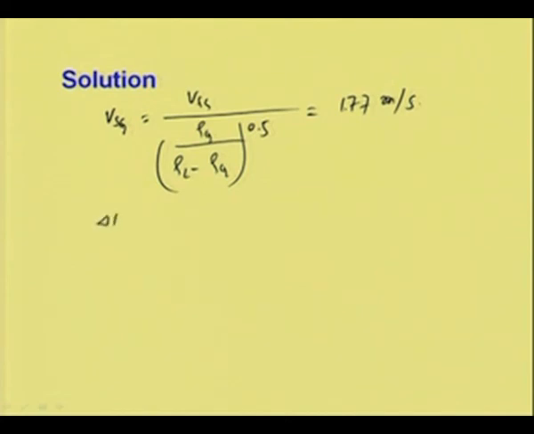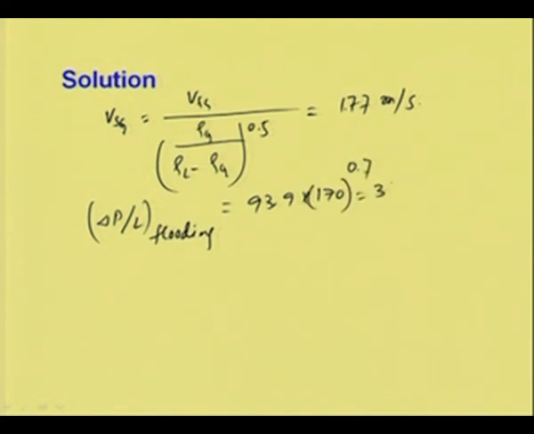So, delta P by L at flooding, the pressure drop, we can calculate as 93.9 into 10 to the power, into Fp, which is 170 to the power 0.7, which is 3412 Pascal per meter of packing. So, this is the flooding pressure drop.